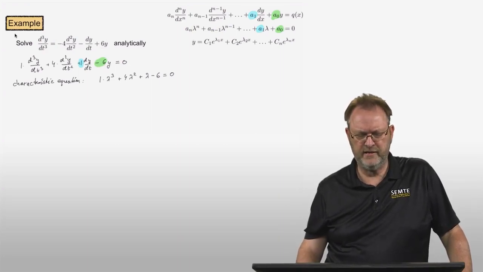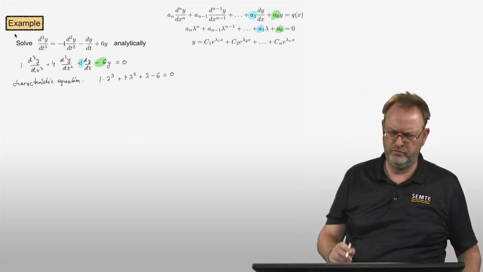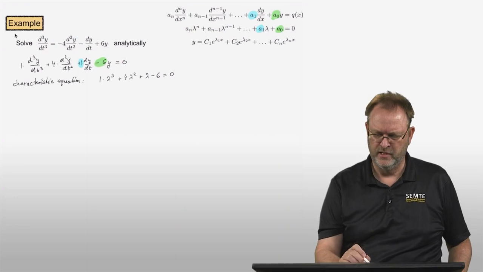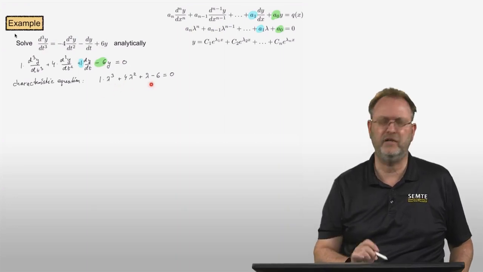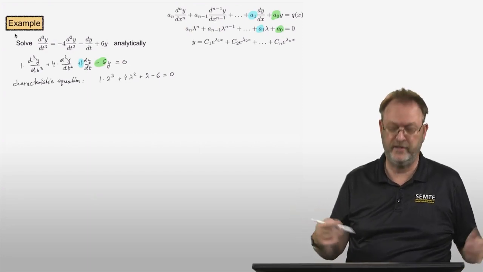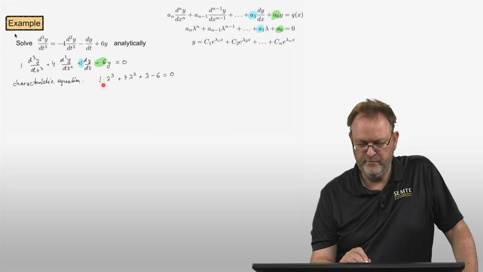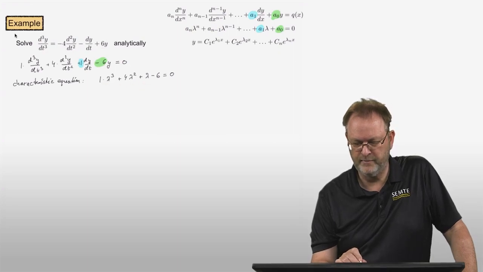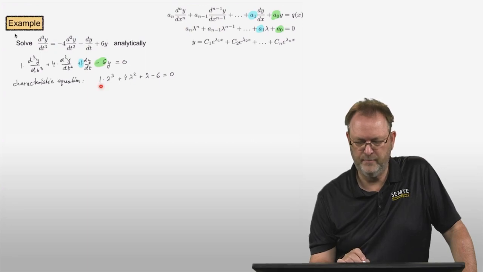But in a situation like this, maybe we can guess one of the roots that appears here. So what one can do is just try out some simple values for lambda and see whether they would solve the equation. So lambda 0 doesn't work, because there's a minus 6. Let's try a lambda of 1. 1 plus 4 plus 1 is 6.